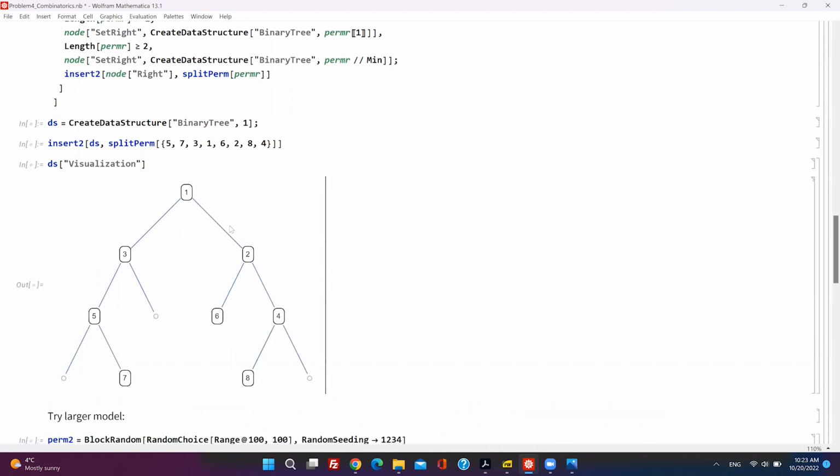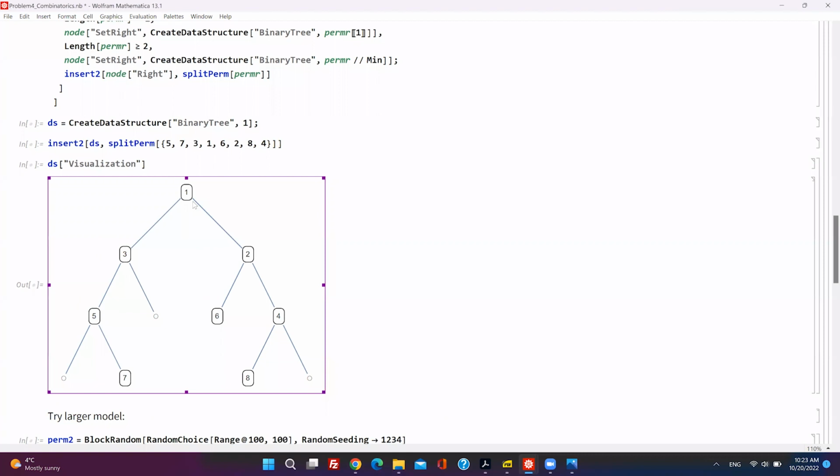So the root is always the least item. For example, the root is 1 here. You have a list, because the permutation always starts at 1. Sometimes you can do 0, but in Wolfram language, it always starts from 1. So 1 is by definition always the root of the entire tree.